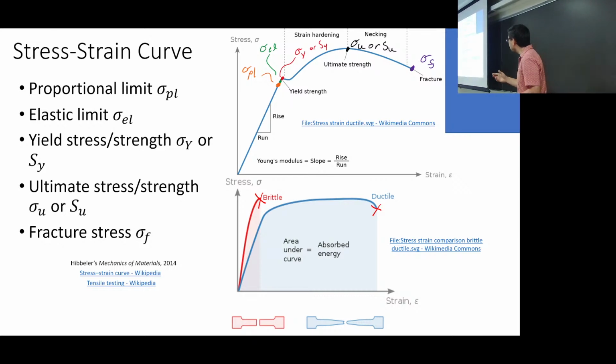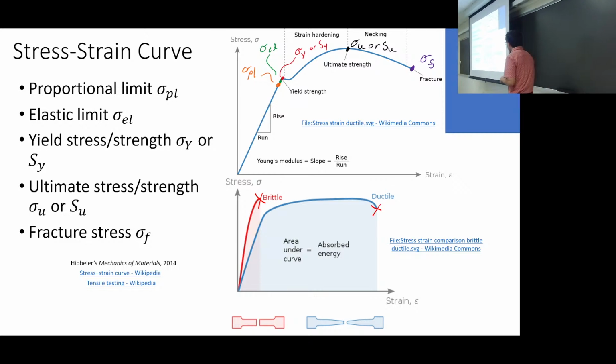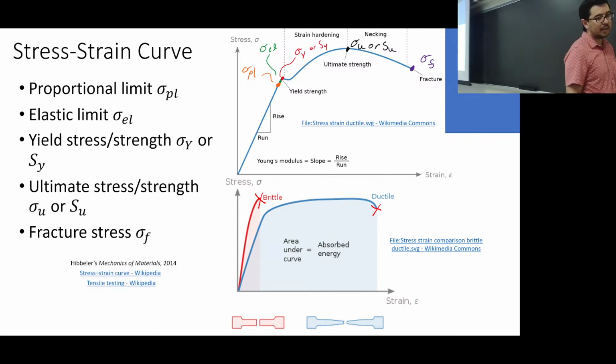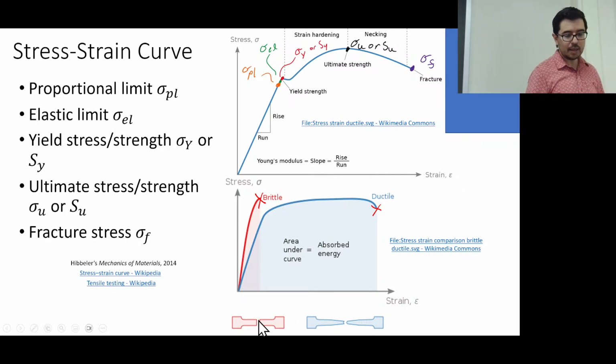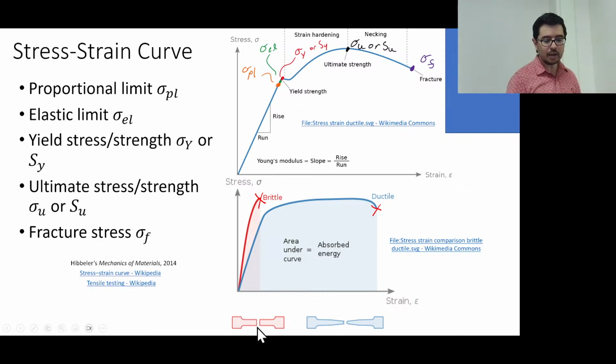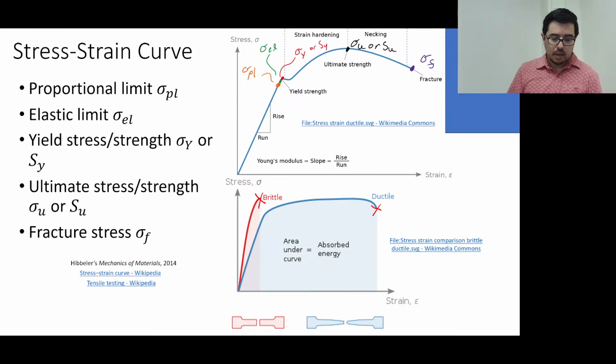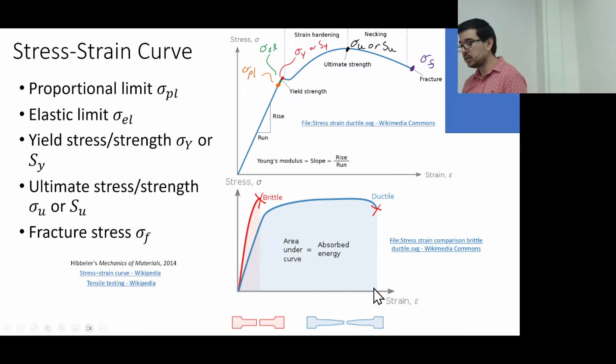But a ductile material, if you're looking at the sample, the samples of brittle material are not going to have this necking behavior. This is called necking, this is not necking. You're just going to have a break between the two pieces. And something like this material, which is absorbing a lot of energy under this curve, that's a ductile material.